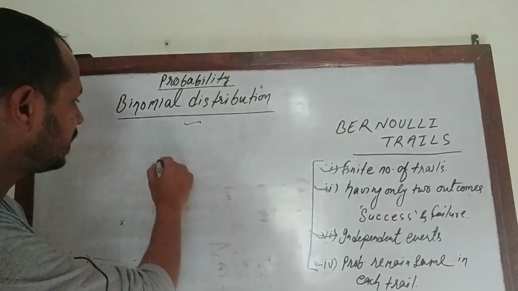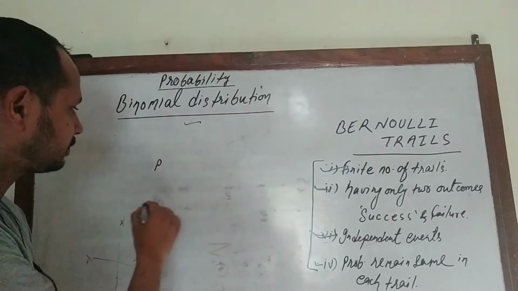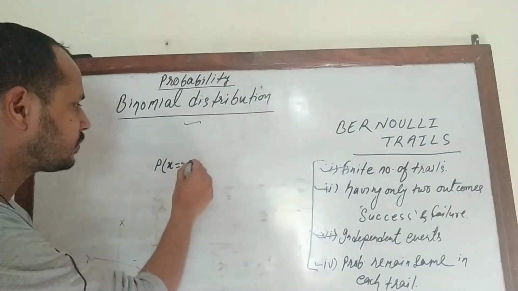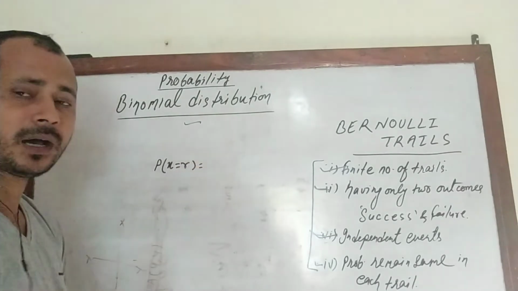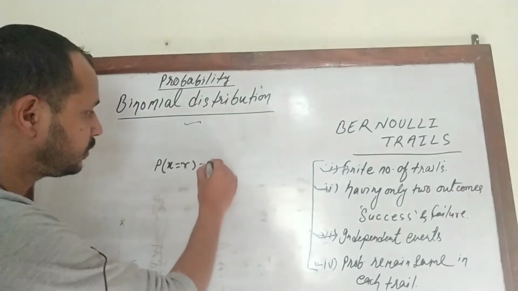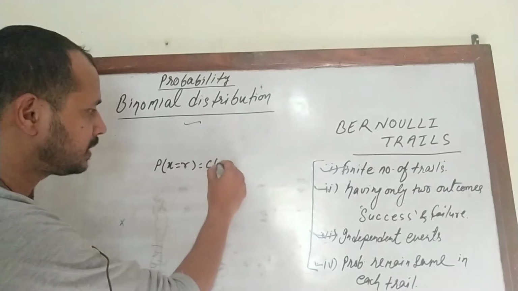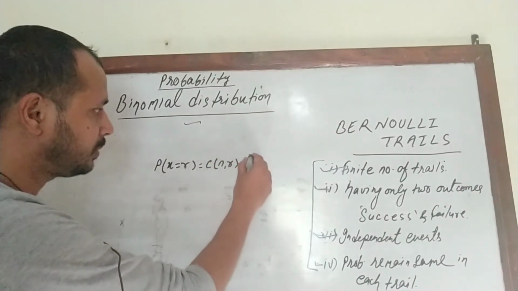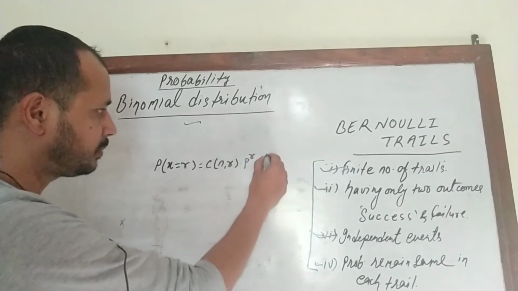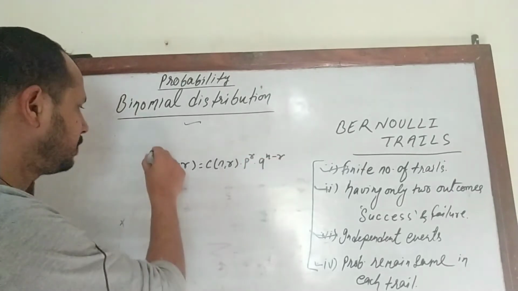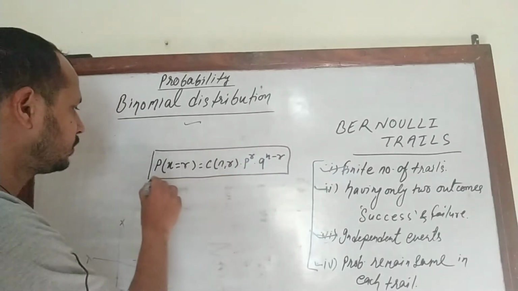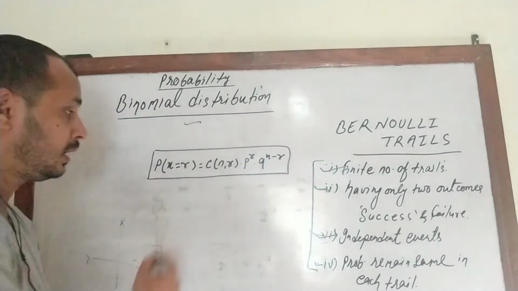So if we need to calculate the probability of getting our successful outcome, then we apply the formula: combination of n objects taken r at a time, p to the power r into q to the power n minus r. The main and most important formula for the binomial distribution is this.